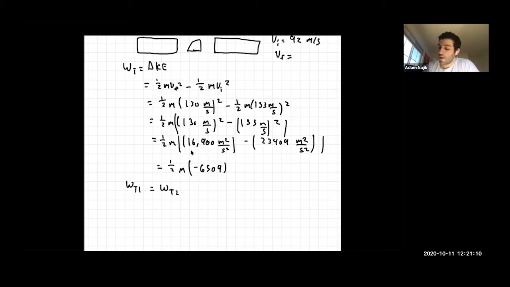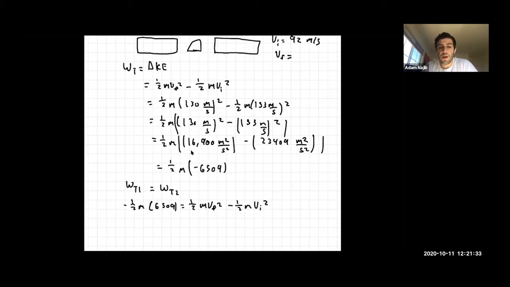So that means negative 1/2 m times 6,509, just multiplying out that negative sign from the parentheses, should be equal to 1/2 MVF squared minus 1/2 MVI squared.